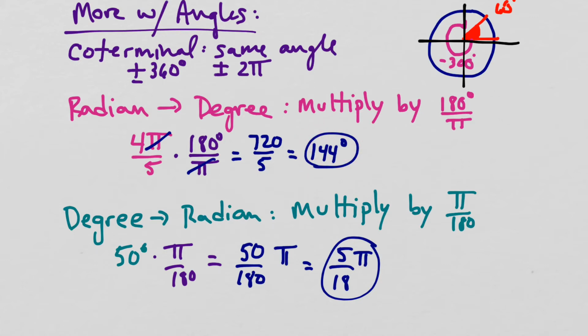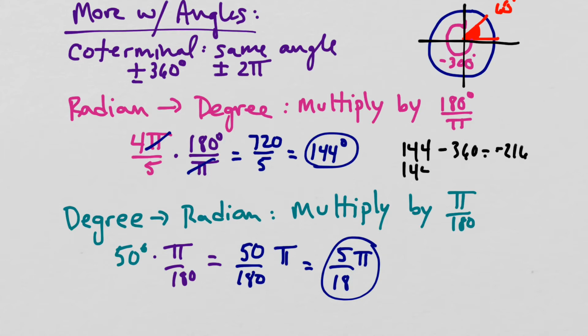If we wanted a coterminal angle, we could subtract 360 degrees to get negative 216. So if we were going back up to the top, you could take 144, subtract 360 and say negative 216 is a coterminal angle.